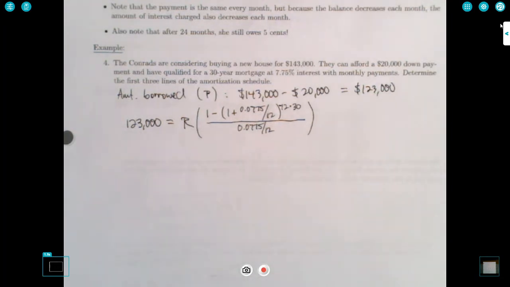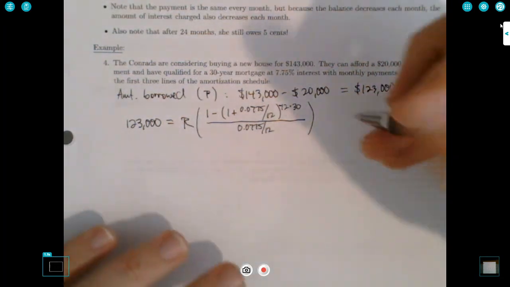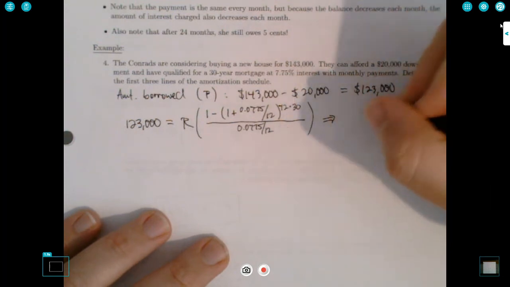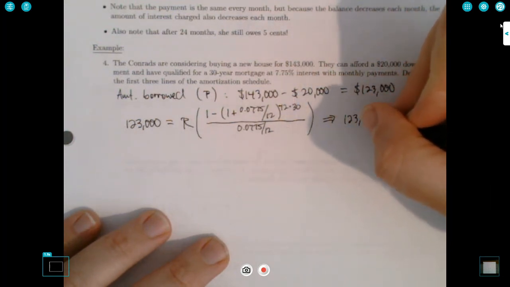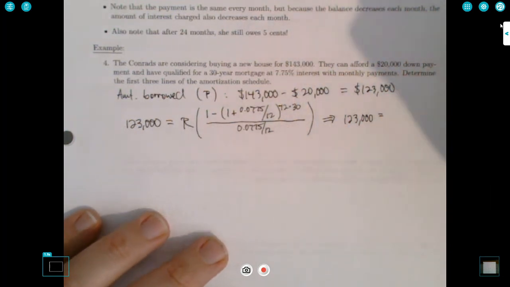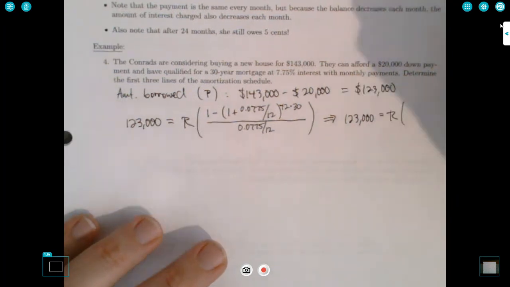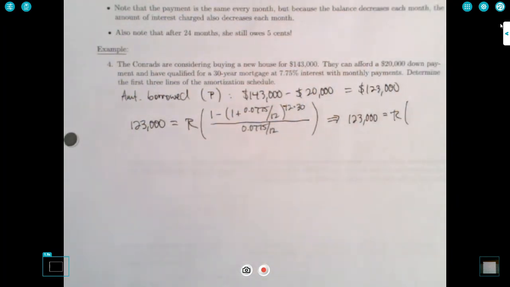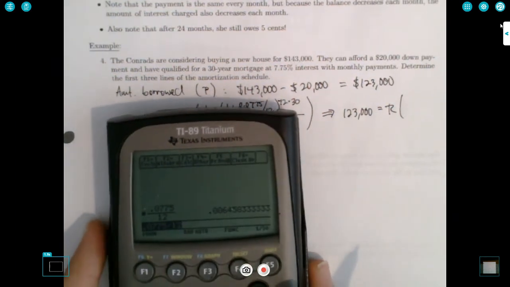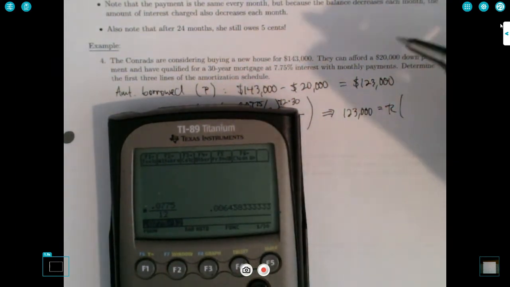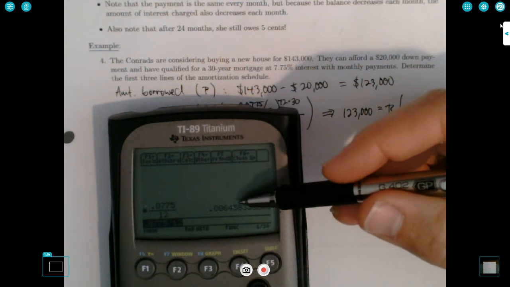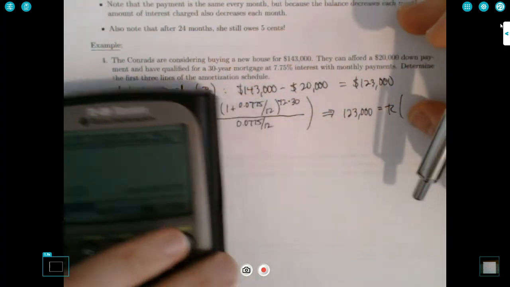I maybe should have given us more space, so I'm going to have to kind of crunch this in. So I'm going to say 123,000 equals R times, let's see, 0.0775 divided by 12 is not very nice. I'm just going to round that off a little bit. I'm going to call it 0.00645833 maybe.